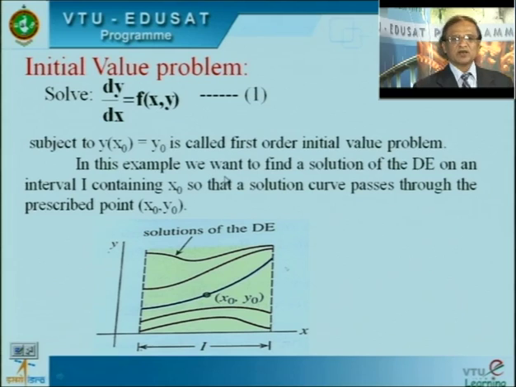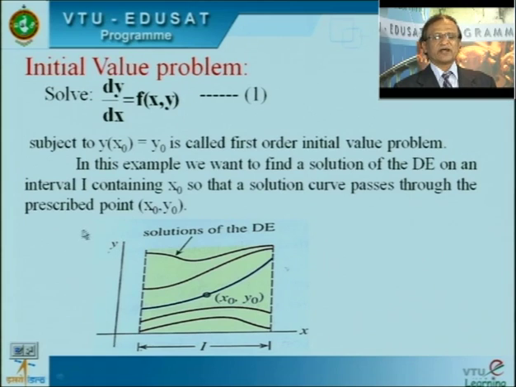In this example, we want to find a solution of the differential equation on an interval I containing x naught, so that a solution curve passes through the point x naught y naught. Here they have given one point and a first order differential equation. If I want to find the solution of this differential equation, at least one curve passes through x naught and y naught, that is the meaning.